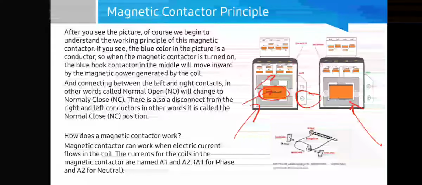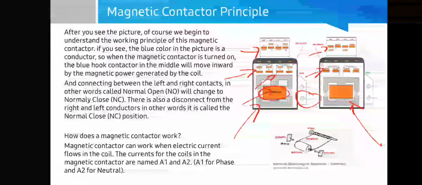So right here we can see the difference. After the coil becomes magnetic, it will change the normally open switch to closed, and then this normally closed switch becomes open.